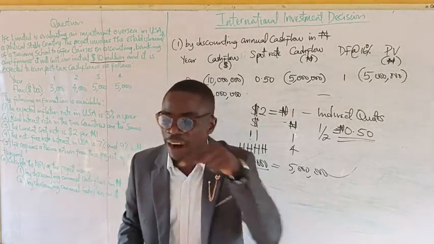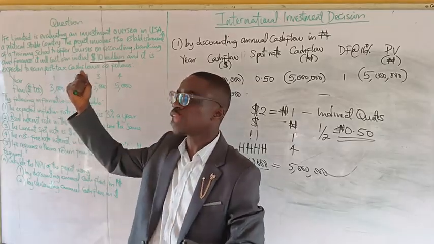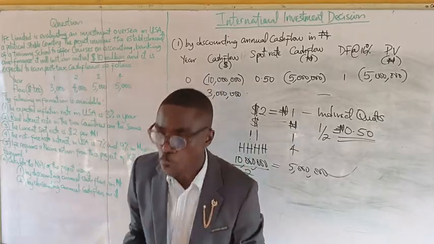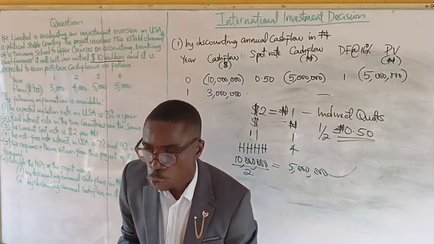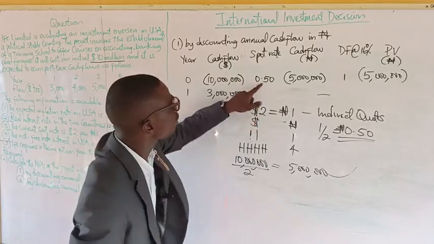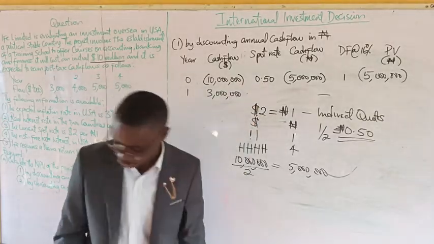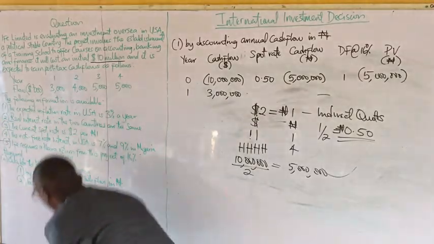Don't forget that based on this, 0.50, we have converted the indirect quote that was given to us in the question to direct. So the spot rate that we are calculating here is direct, it is not an indirect quote again, even though that is what was given in the question.